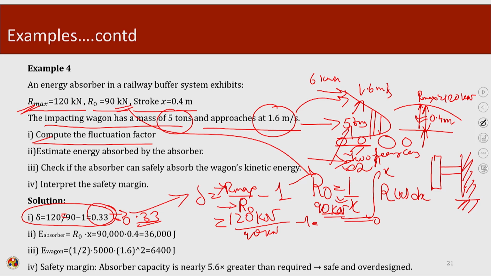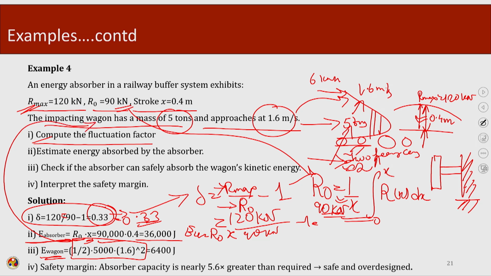It means that there is no disparity between the maximum reaction force and the average reaction force. The energy absorbed by the system is given by the average reaction force times the stroke length. The average reaction force is 90 kilonewton, so E absorbed is the reaction force times the stroke length, and this comes out to be 36 kilojoule. The energy in the wagon is simply the kinetic energy, given by half m v square.